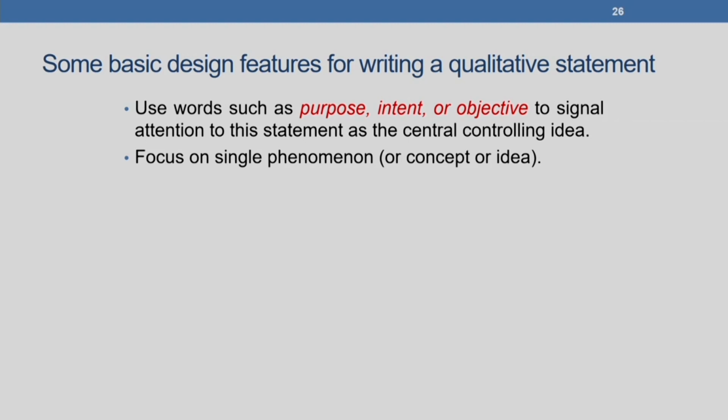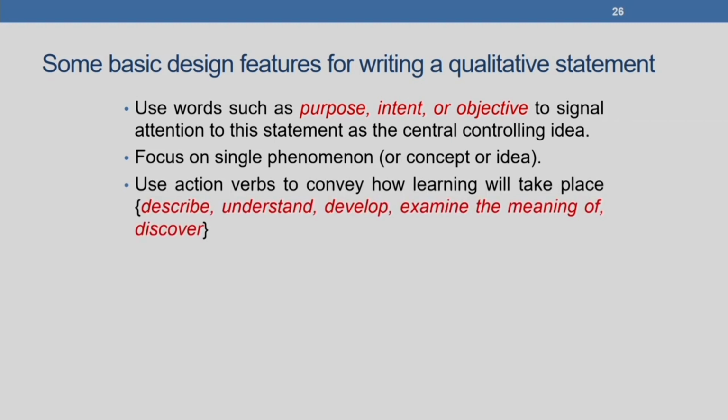The second point that needs to be kept in mind is that we must focus on a single phenomenon or concept or idea. We need to narrow down the study to one idea to be explored or understood. This focus means that a purpose does not convey relating 2 or more variables or comparing 2 or more groups, as is typically found in quantitative research. Instead, we advance a single phenomenon, recognizing that the study may develop into an exploration of relationships or comparison among ideas.